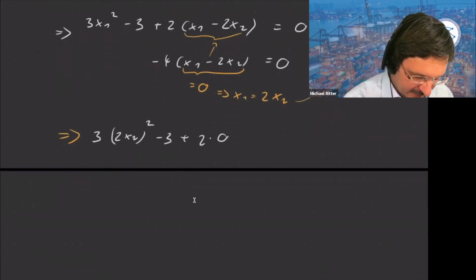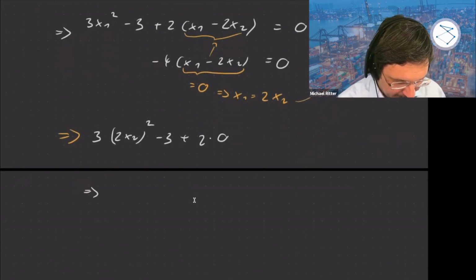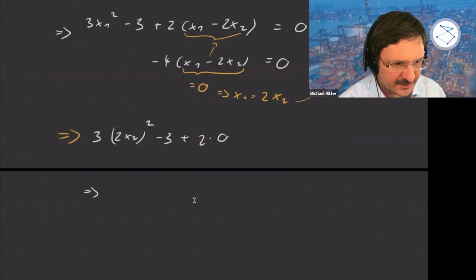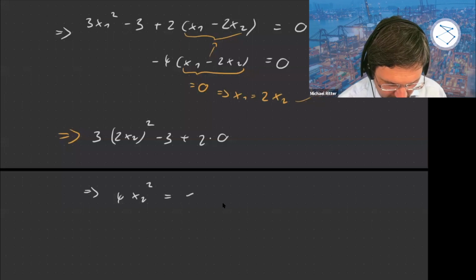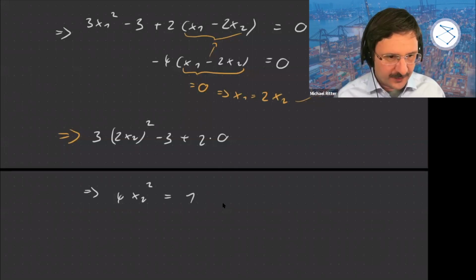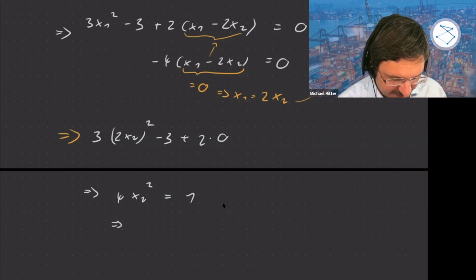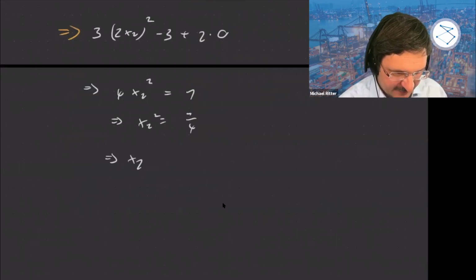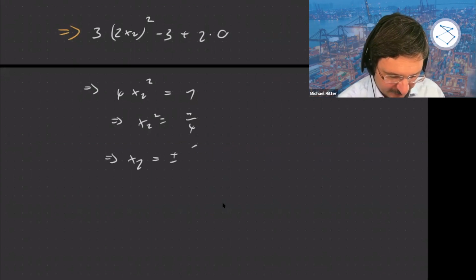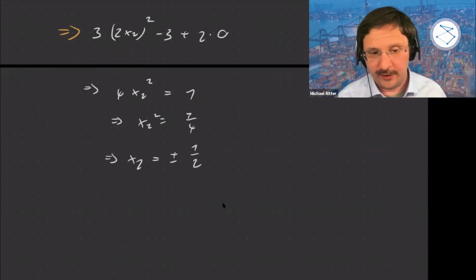Okay, so that yields, what does it yield? 4x2 squared equals 1, right? Dividing by 3. And that means x2 squared is 1 over 4. So x2 is plus or minus 1 over 2, the square root of 1 over 4.